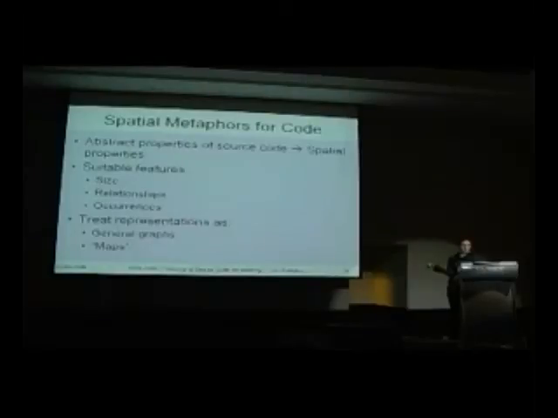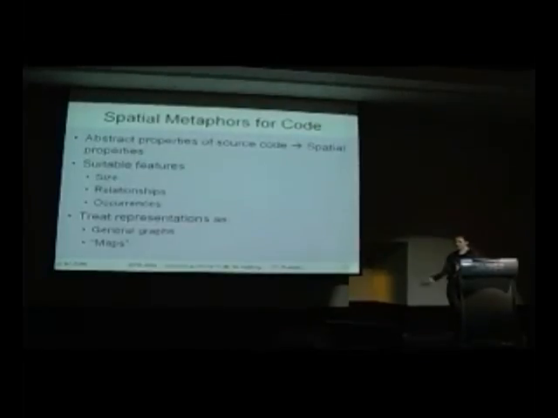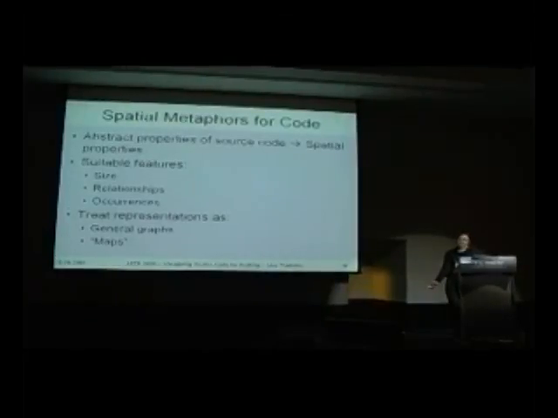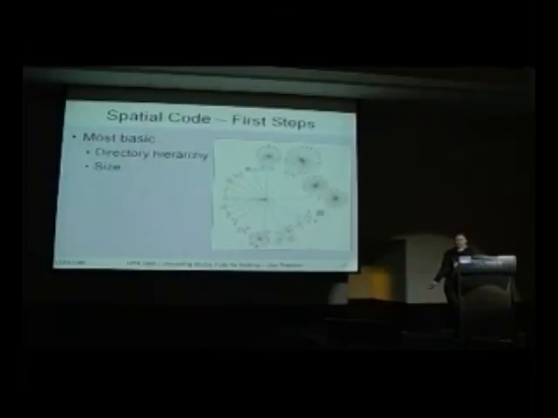And you can choose whether you want to treat the representations as general graphs, if you come from a more graph theoretical background, or just as maps, so you draw maps and try to chart your way around in code maps. The most basic thing is to graph the directory hierarchy.